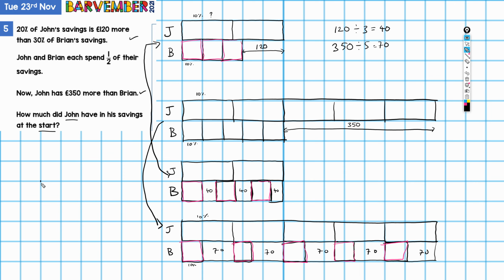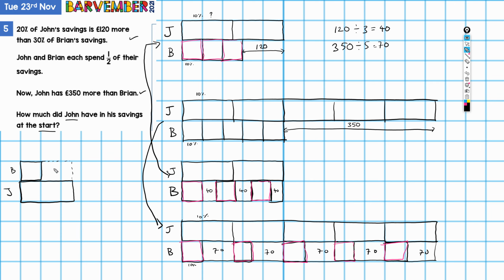So what I'm going to do is go back a bit. So I'm going to go 1 unit of John. So this is one of John's units. And then we know that it is equal to, let's do this bit first, 1 of Brian's plus 70.